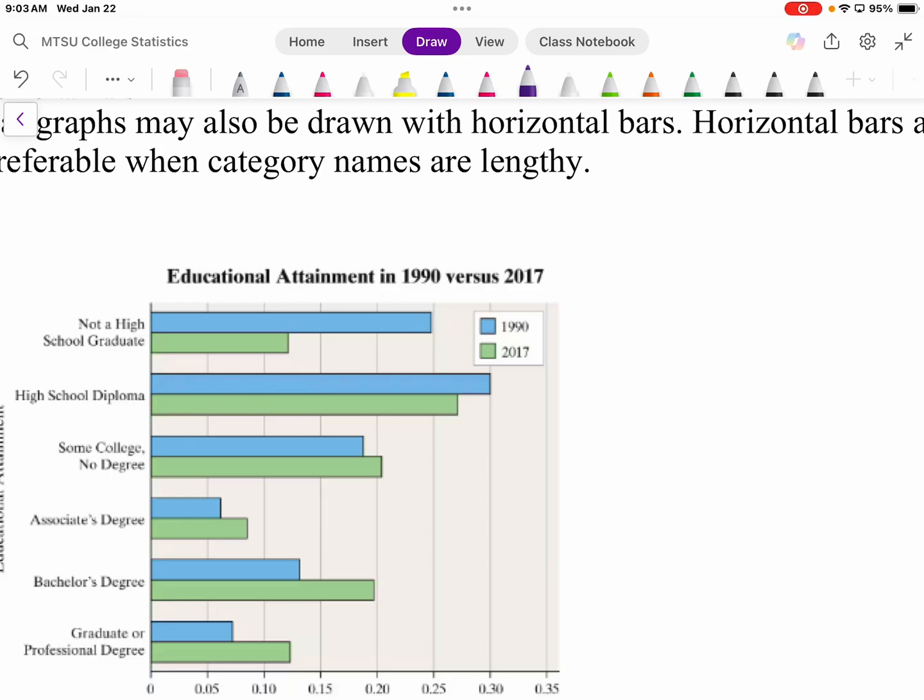What caused there to be a lower proportion of not graduating high school in 2017 compared to 1990? Are we doing things educationally better to retain kids, to help them not leave school without a high school diploma? And that would be something you start looking at: okay, what was done differently in those two settings?